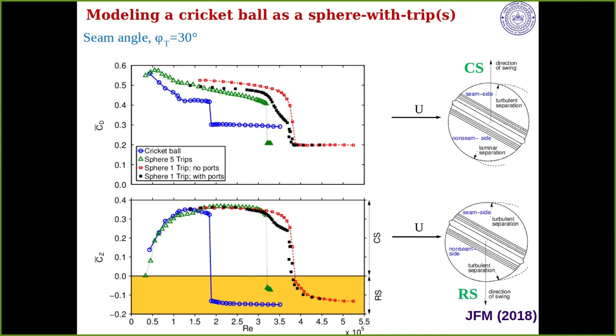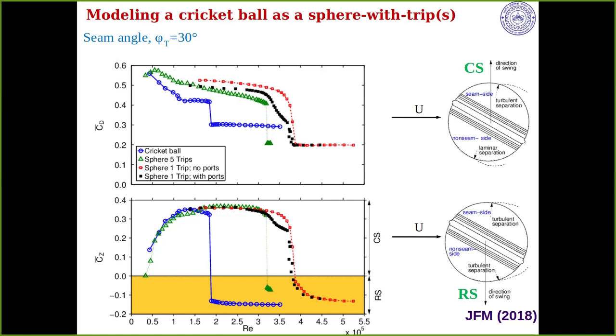It's a brand new ball, where both sides are shiny. But this seam would cause the boundary layer to get a disturbance, whereas this side is clean, no disturbance. So apparently, the separation here is delayed. What is shown here, the separation here is near the shoulder, as it would be for a laminar boundary layer. So you get more friction here, and therefore you get a swing.